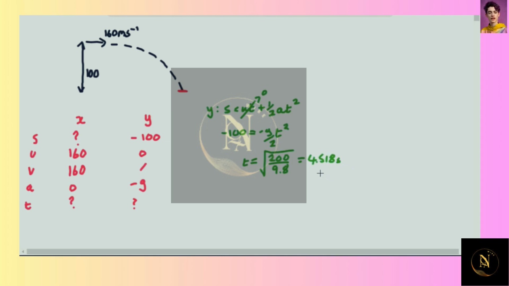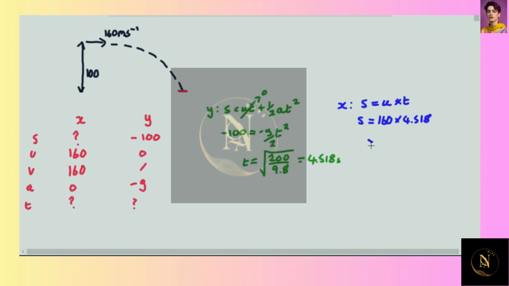Good. And then we simply have to work out how far the thing will travel in the x direction. In x, the distance we travel is equal to our velocity multiplied by the time it takes, which means our distance traveled is 160, our velocity, multiplied by the time we just worked out, 4.518.